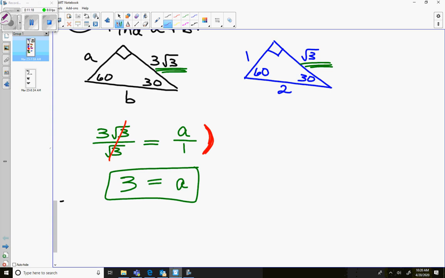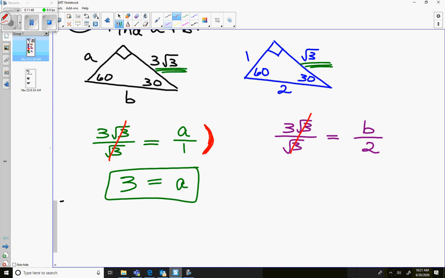Now to find B. Again, 3 square roots of 3 is to the square root of 3 as B is to 2. You do have to be consistent. So I'm going first triangle to second triangle every time. And now this time we are going to cross multiply, but you can either reduce first and then cross multiply, or cross multiply then reduce.